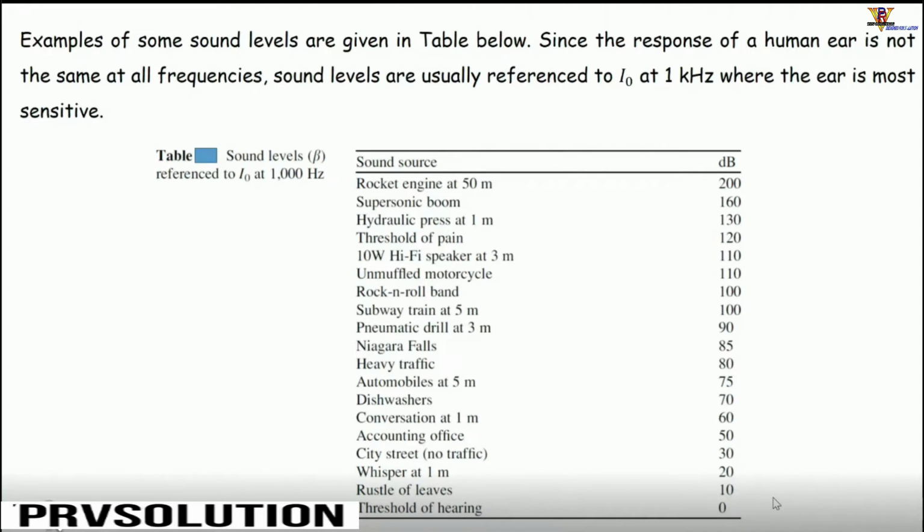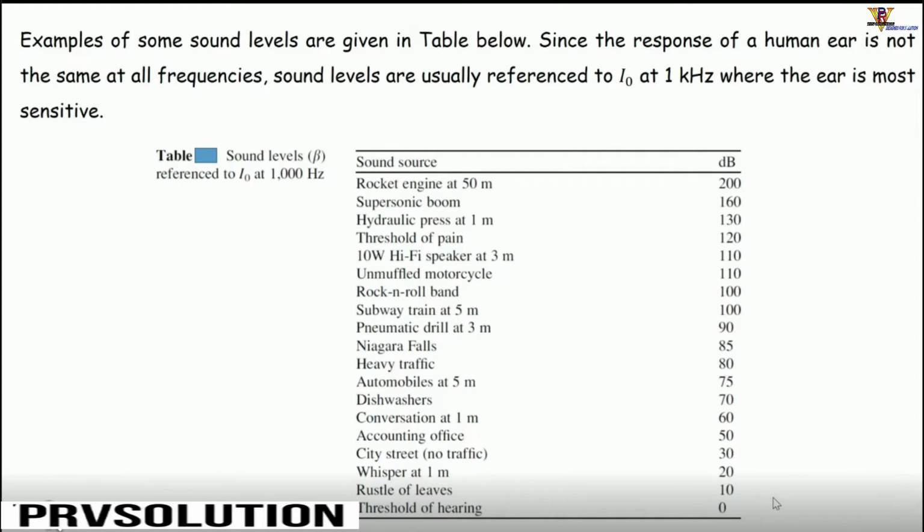So 200 by 10 means 20, and taking the inverse log, I by I naught equals 10 to the power 20. So I equals I naught times 10 to the power 20. I naught is 10 to the power minus 12 watt per meter square, so 10 to the power minus 12 times 10 to the power 20 is simply 10 to the power 8 watt per meter square.